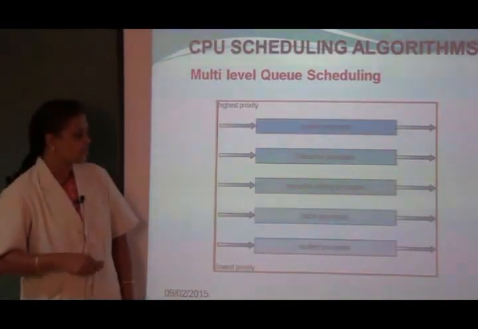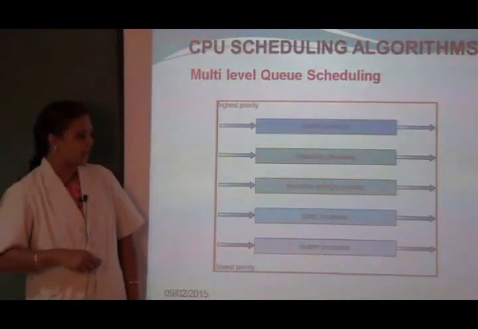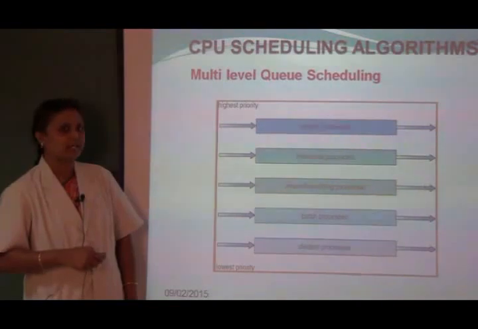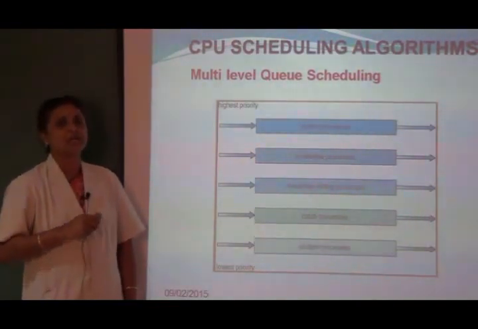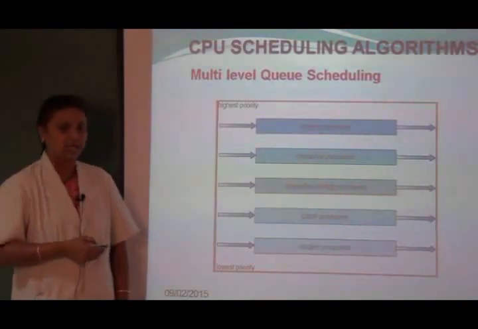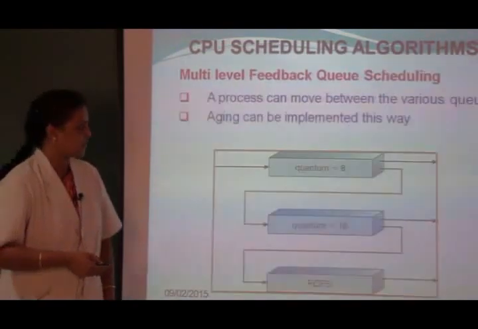So the lowest level processes can use the CPU only when all the remaining top level queues are empty. So this multi-level queue scheduling algorithm gives importance to the nature of the processes, and depending on the nature of the process, they will be executed first.